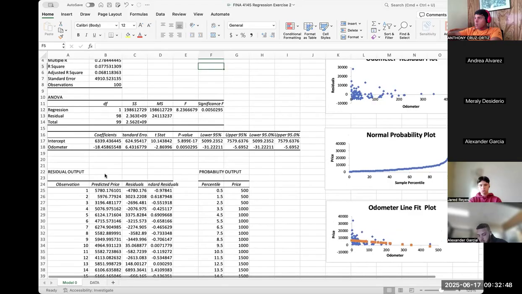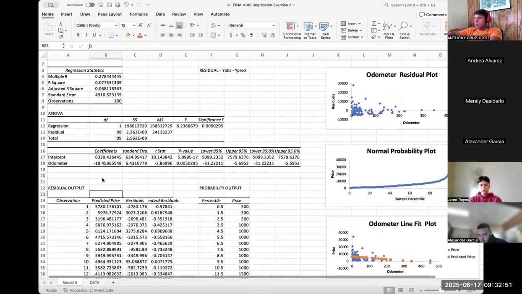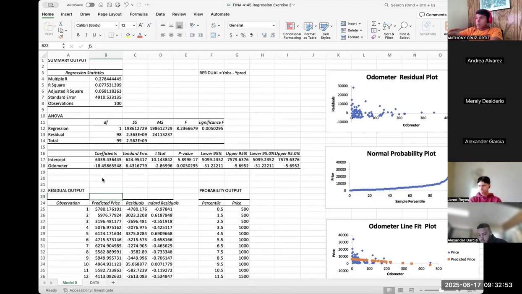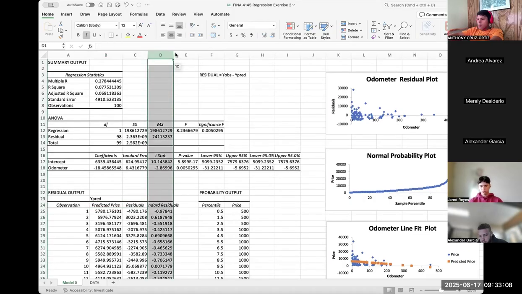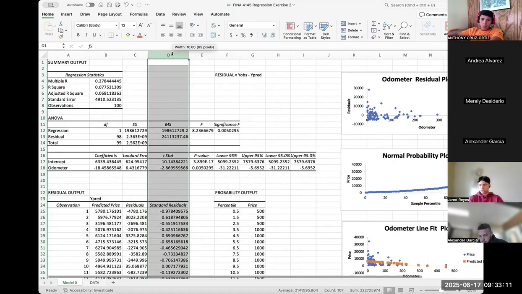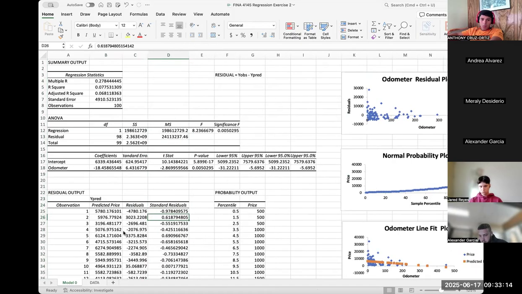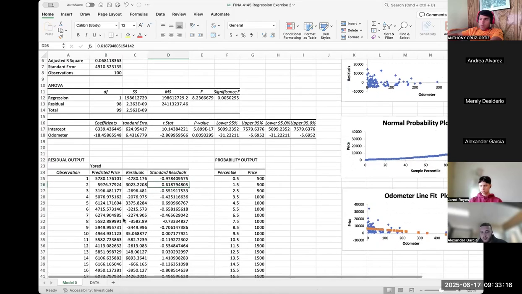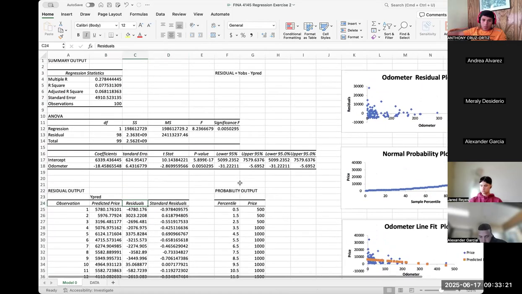So this is going to be your y predicted, and the y observed is just the data for price, and that's the residual. Those are the residuals there.